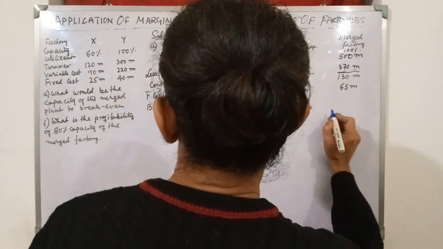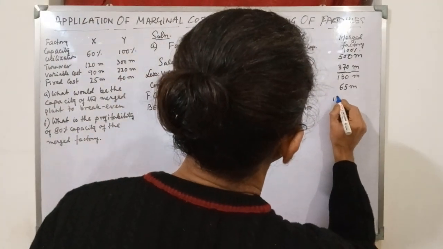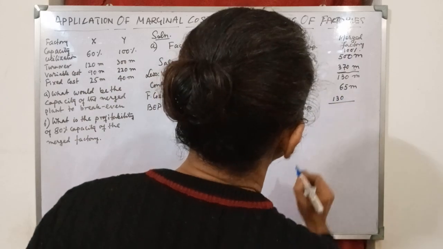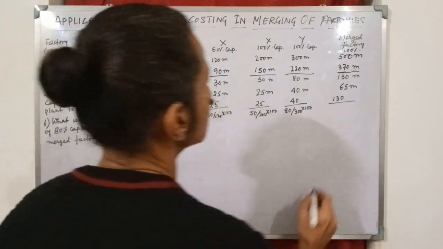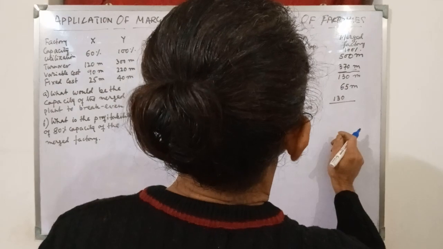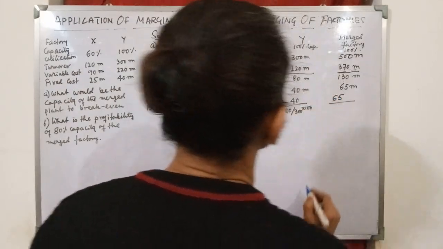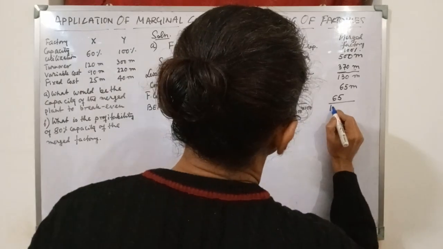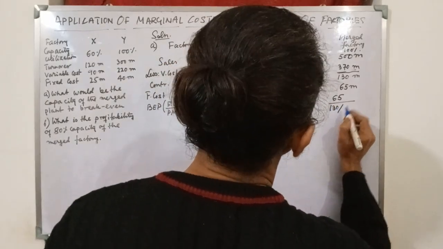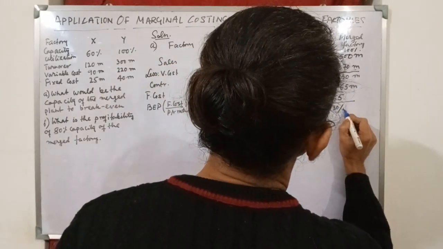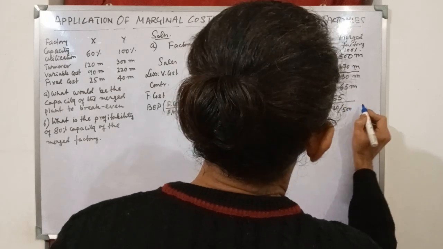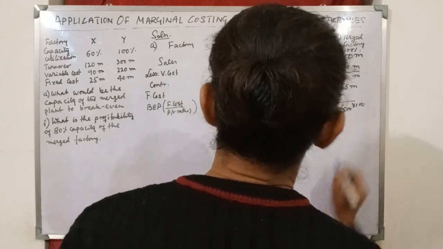And here the contribution is 130, so 65 divided by 130 contribution by sales 500 into 100.